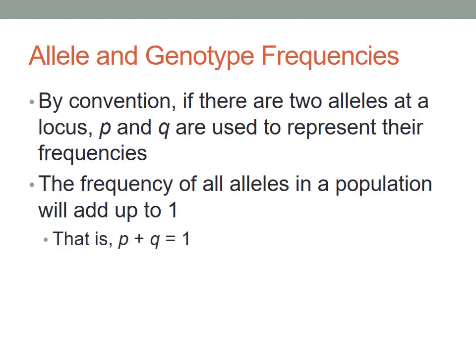Well, 100%, which is 1 expressed as a singular number. So if you only have 2 possible alleles, if you add up all of one and all of the other, you're going to get to 1. So P plus Q equals 1. Got that? P plus Q equals 1. If we're just talking about the frequency of alleles, this is our equation.